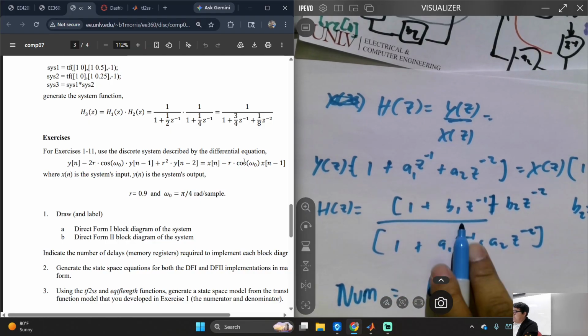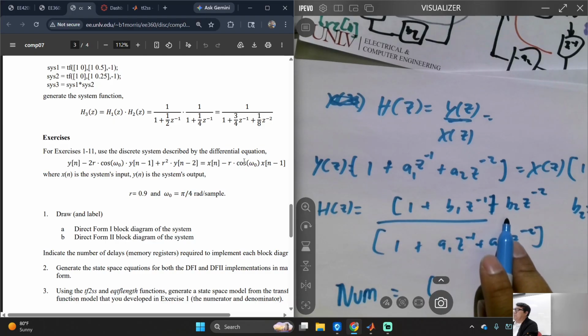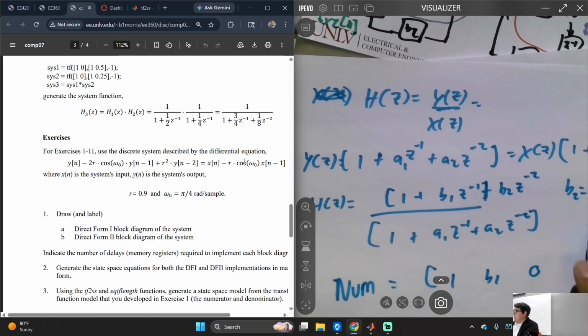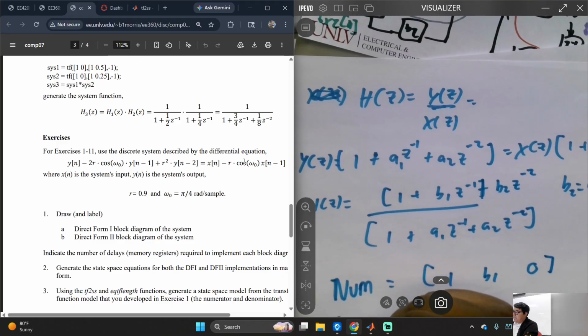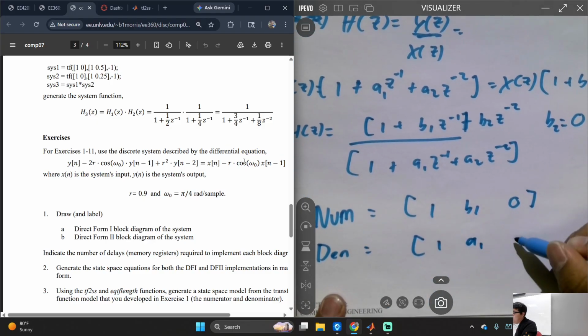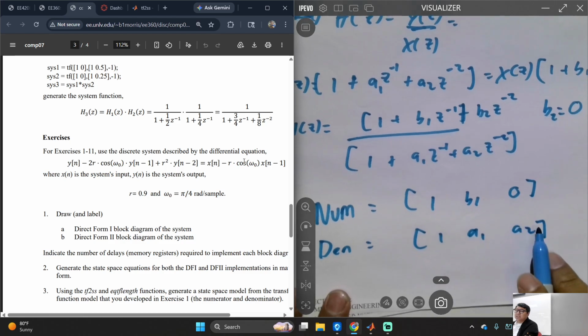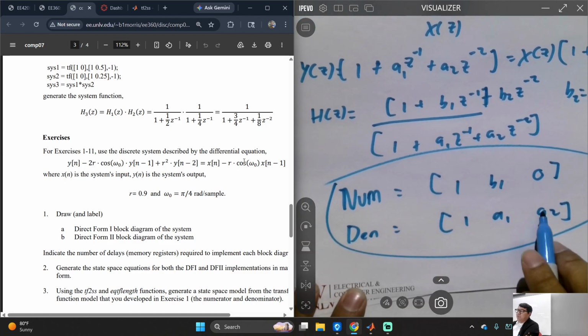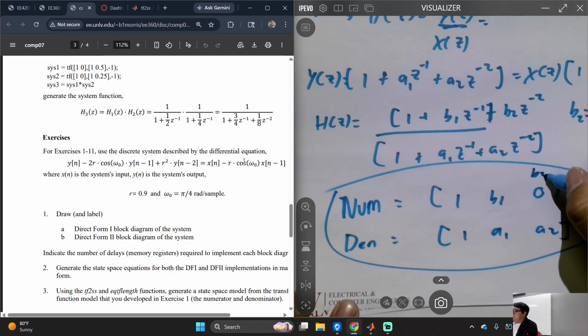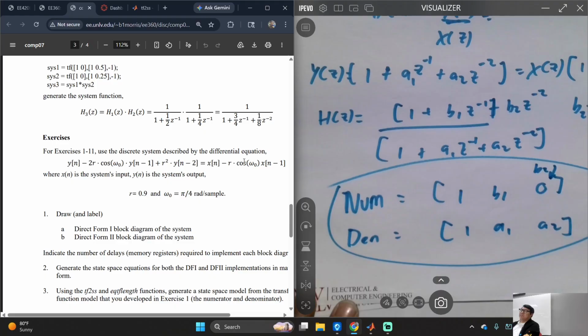In terms of ones and zeros, the numerator is going to be 1, b1, and 0, if I just force that to be 0. And the denominator is 1, a1, a2, correct? That's what you punch in MATLAB. But if you're lazy like me, that's B2.